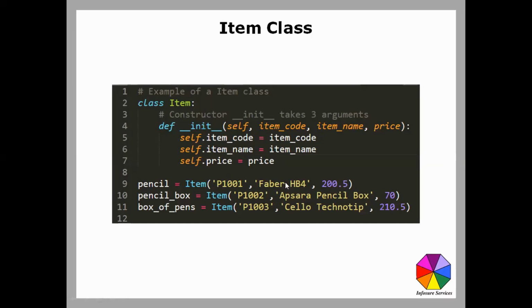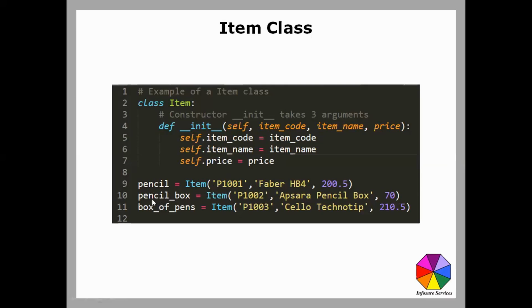These values are your data and it is available inside this object now. I can refer object dot item code to get this value. I can refer pencil dot price, it will give me the value 200.5.